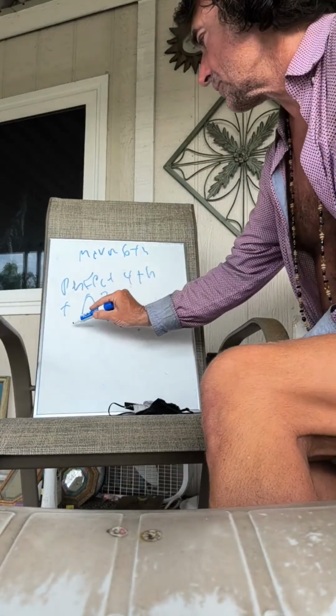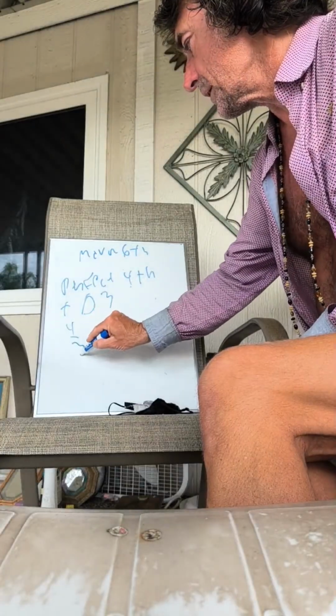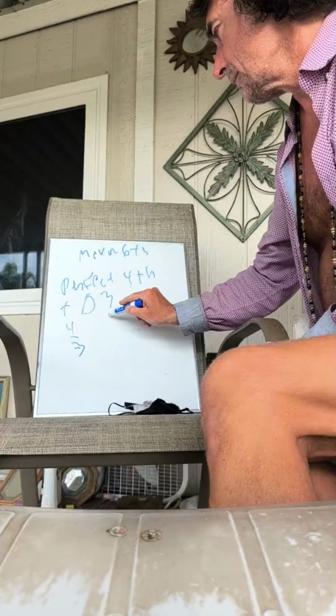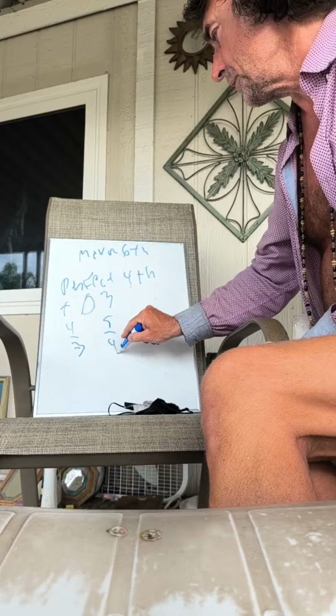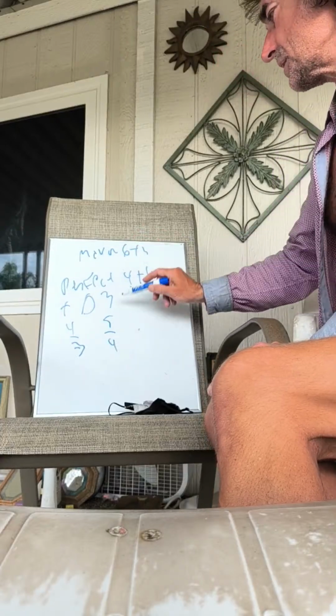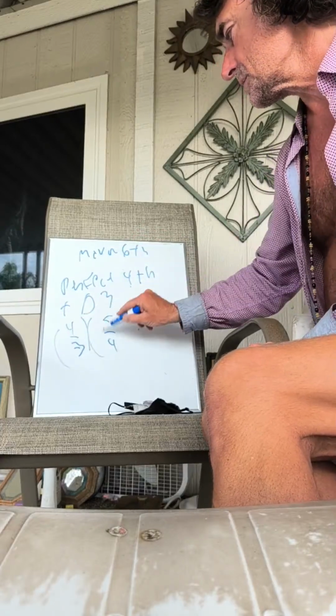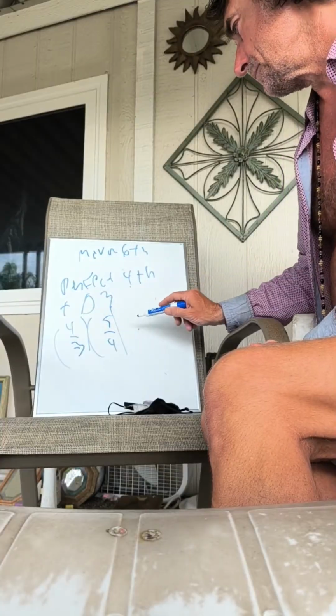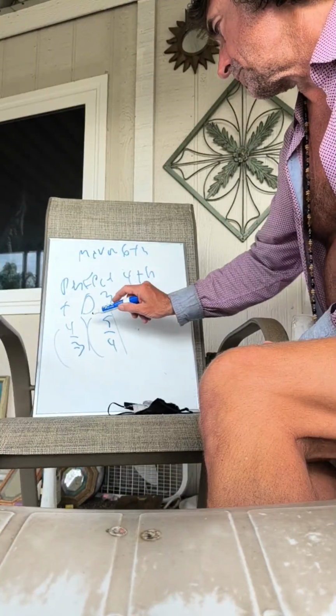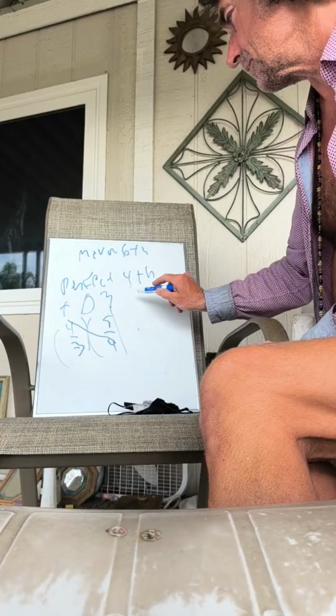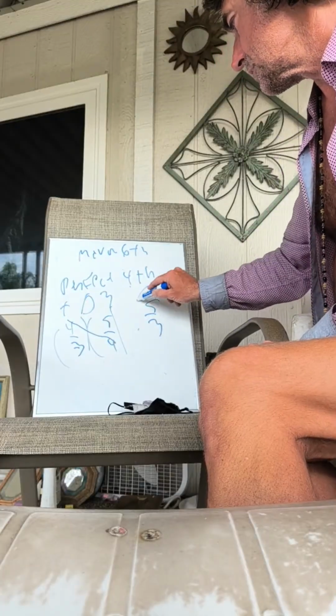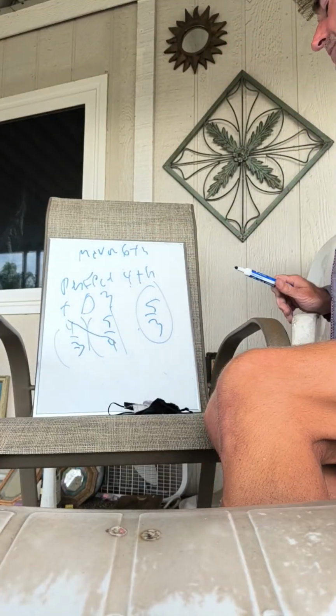Perfect fourth is 4 over 3. Major third is 5 over 4. So major 6 is this times this, which is, the 4s cancel. The 4 here and the 4 there cancel. That makes 5 thirds. So major 6 is 5 thirds.